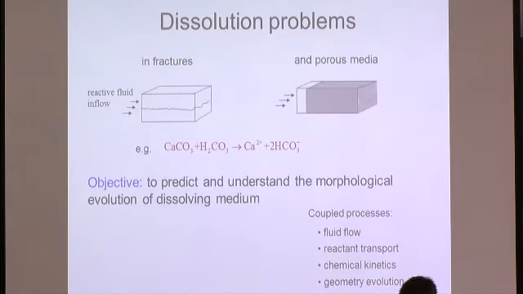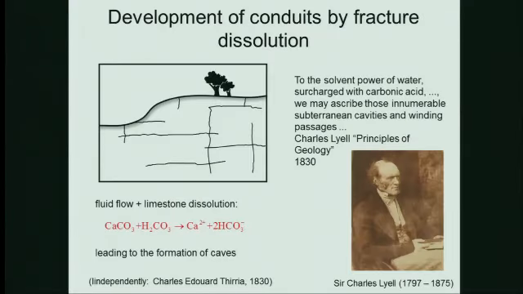Okay, so let me start first with the fracture dissolution problem, and probably the most important example of the fracture dissolution is the formation of caves along the fractures in limestone rock.